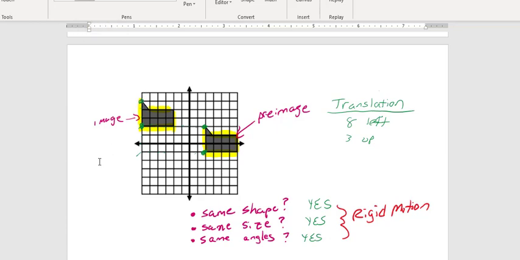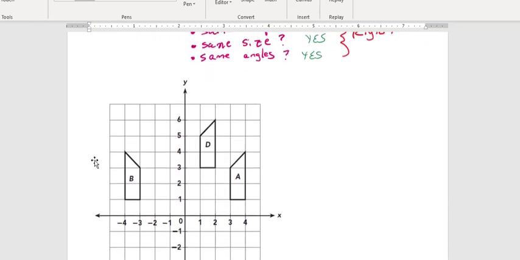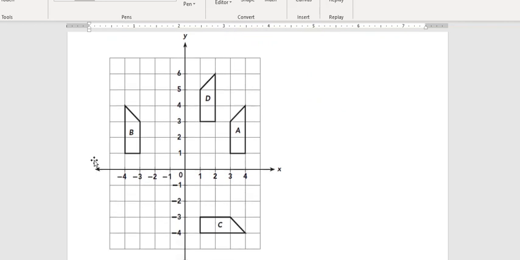Okay, so we take a look at here, and if we start with shape A, there are three things that happened here. One of the things that you might be asked is, which one is a translation? In other words, which one of these, B, C, or D, resulted from translating shape A?